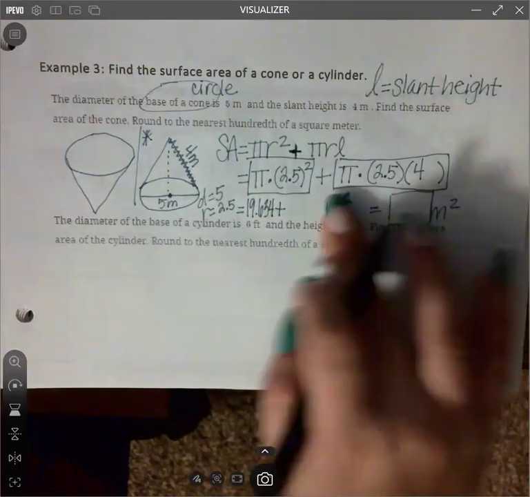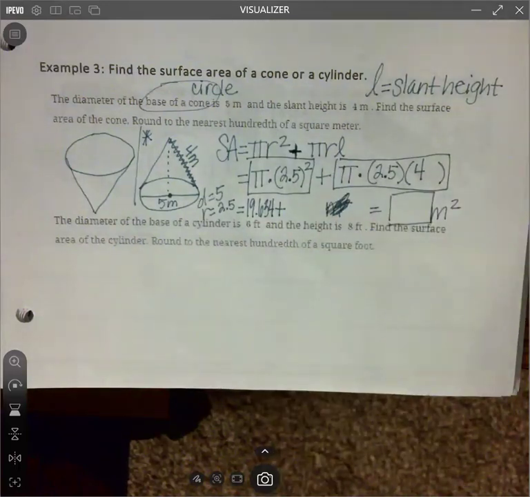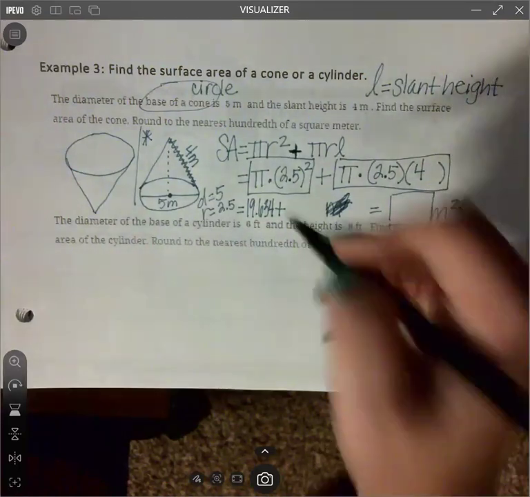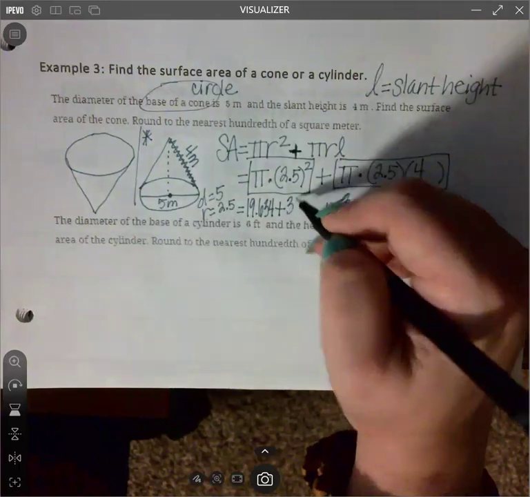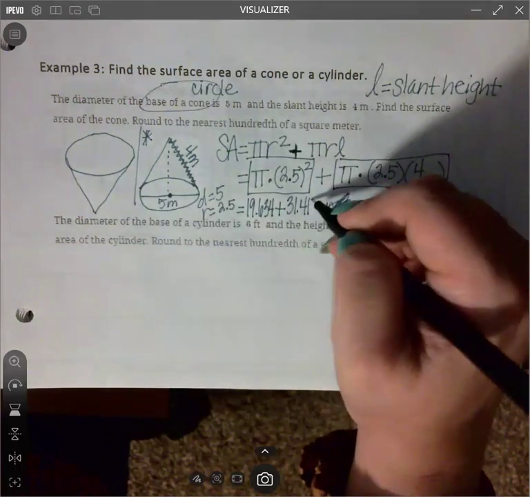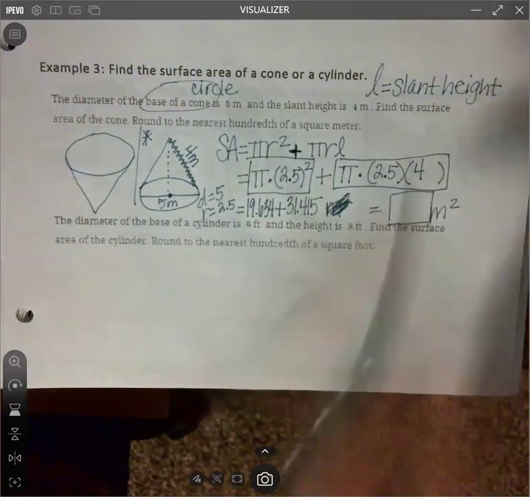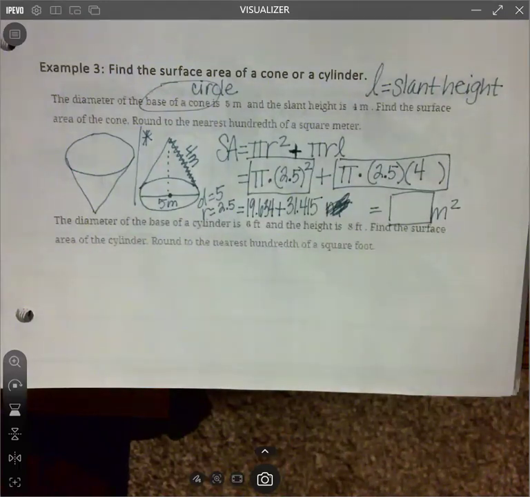And then I'm going to do the right side. Pi times 2.5 times 4. And again, that is 31.41592654. And when I add, I want to add those exact answers. So I can see those answers on my calculator.